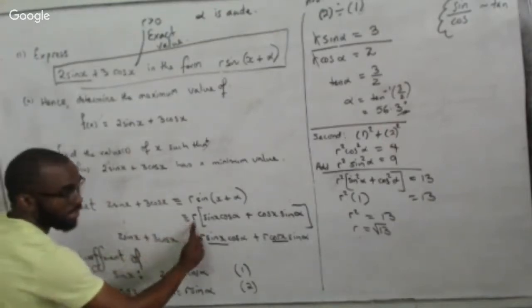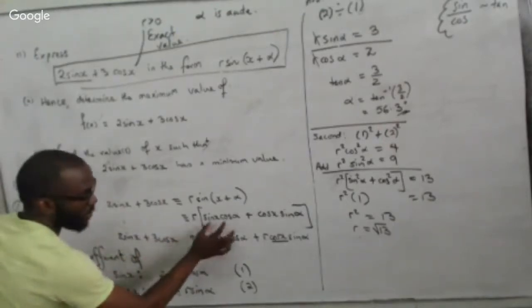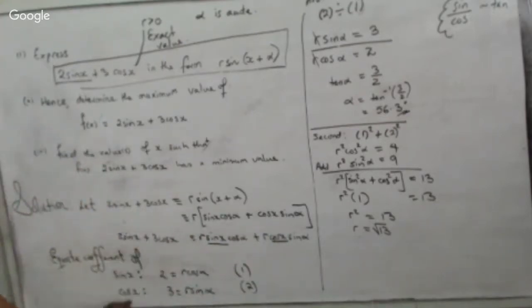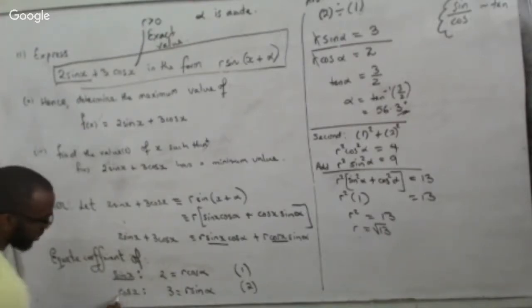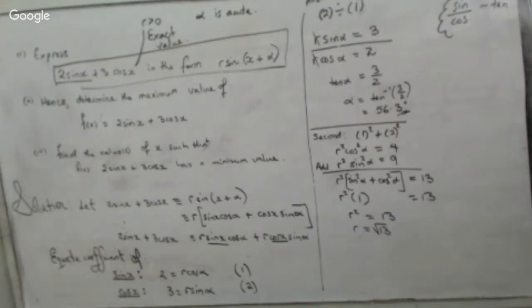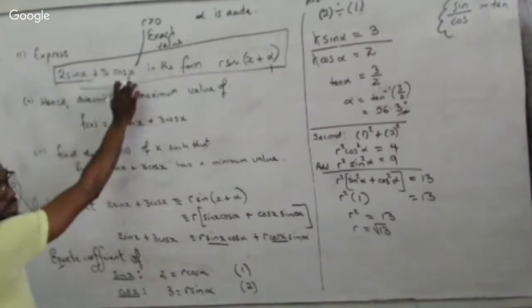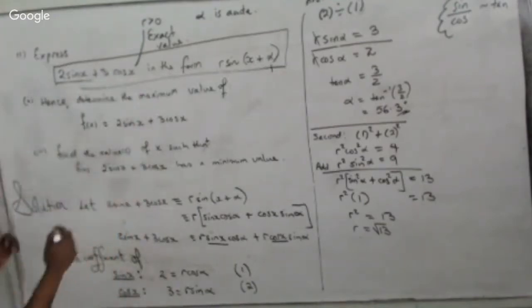When I expand using the distributive law, r will multiply this and r will multiply that. And I write this one so that I can equate coefficients. First thing I will always look at is sine x and cosine x, not the alpha, the one that's on both sides.